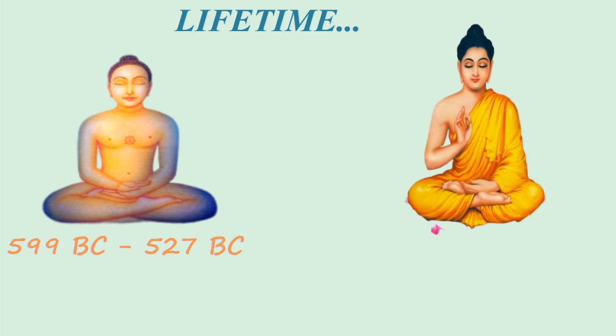Now let us look at some examples. The lifetime of Vardhaman Mahavir is written as 599 BC to 527 BC, and the lifetime of Gautam Buddha is written as 563 BC to 483 BC.